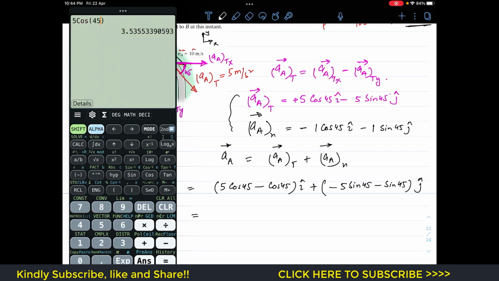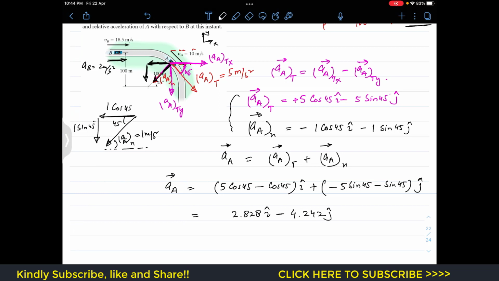So now 5 cos of 45 minus cos of 45, this gives us 2.828. This is 2.828 in the positive i, and then minus 5 sine of 45 minus sine of 45, this gives us minus 4.242j. So now this is the acceleration of that car A along the x and y.